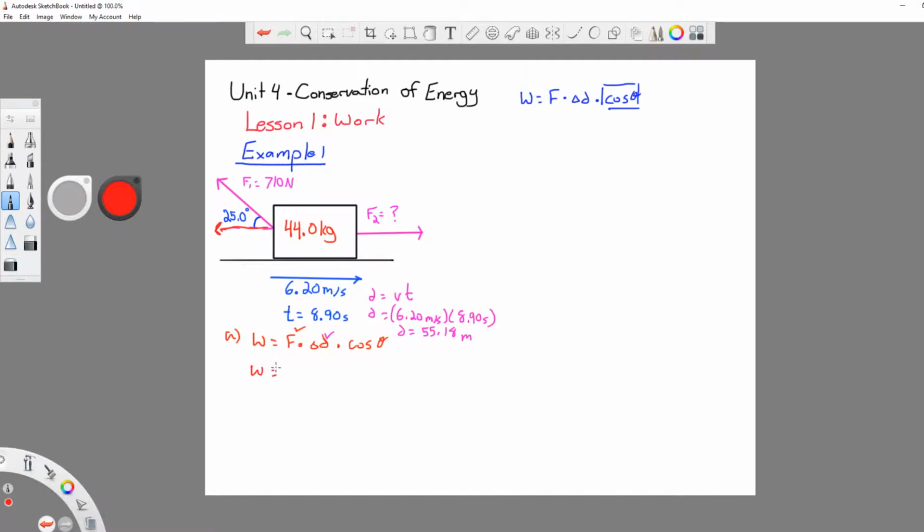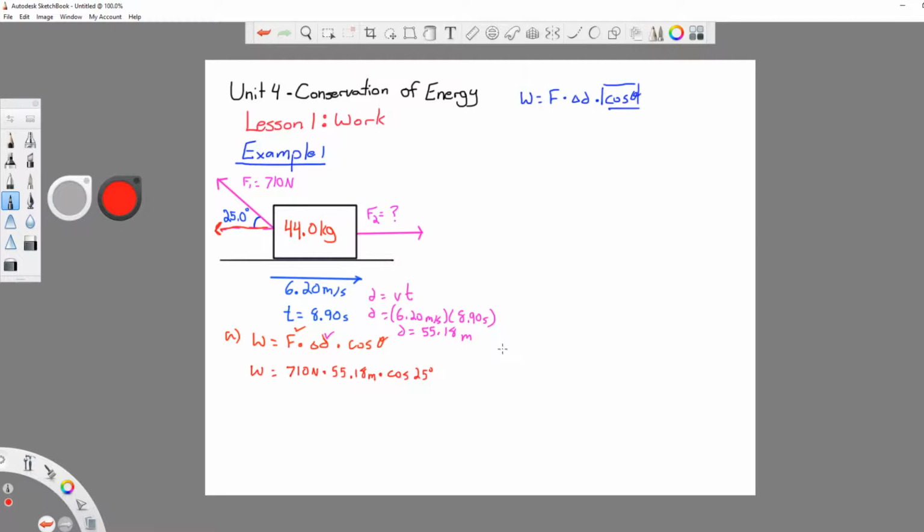Work is equal to 710 newtons. I do have one more thing to add to this, but I'll finish this step. Times the distance that it travels, 55.18 meters, times cos of 25 degrees.